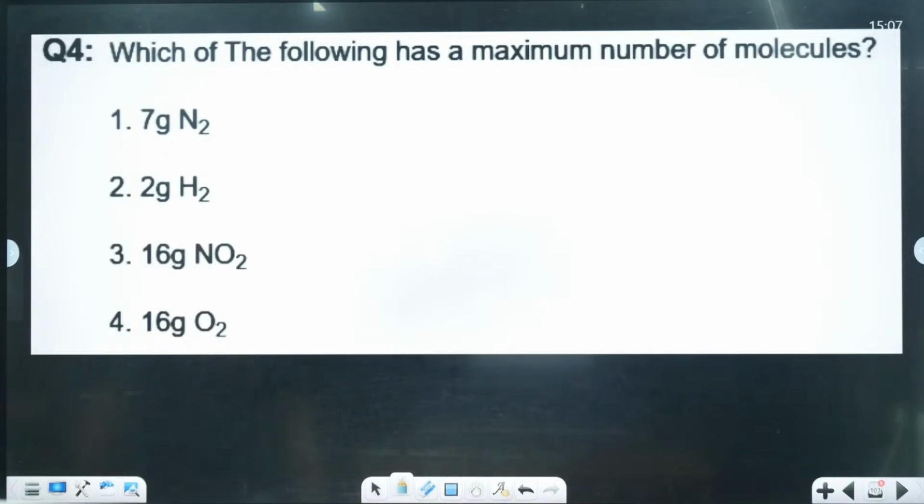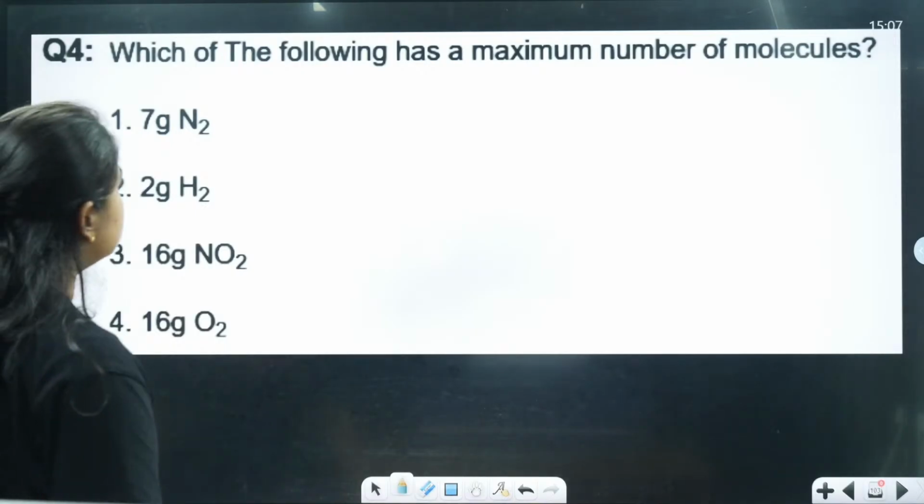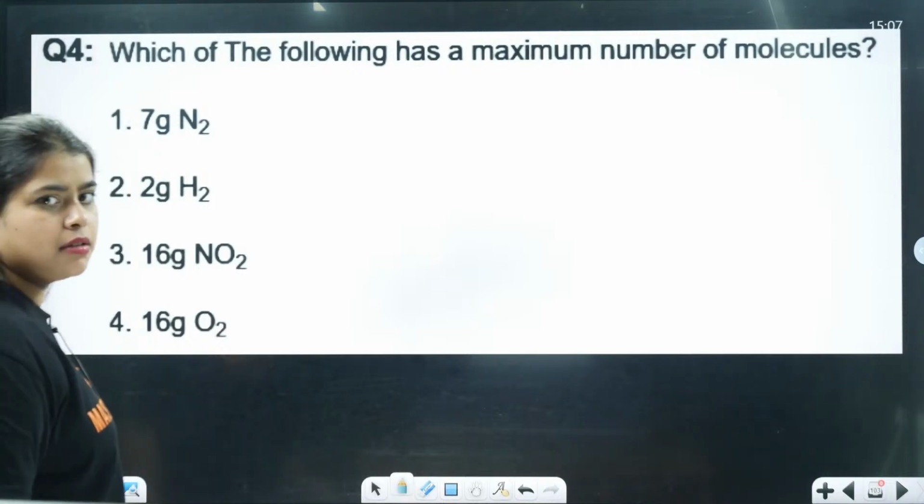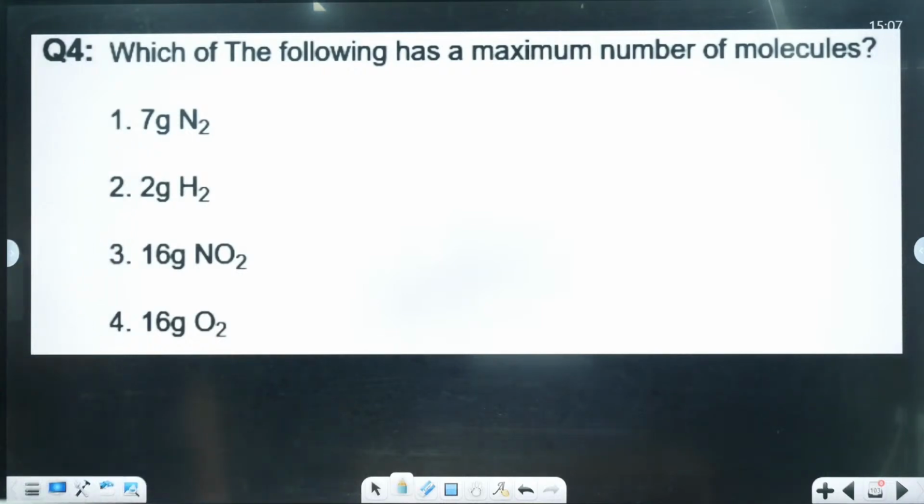Okay, try it everyone. Which of the following has the maximum number of molecules? 4 g N2, 2 g H2, 16 g NO2, 16 g O2. Come on, try this everyone. I'll give you 20 seconds here.